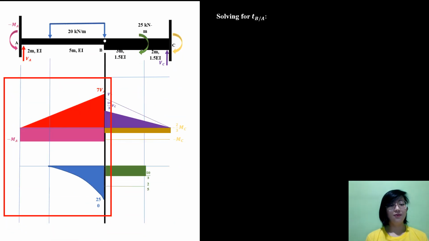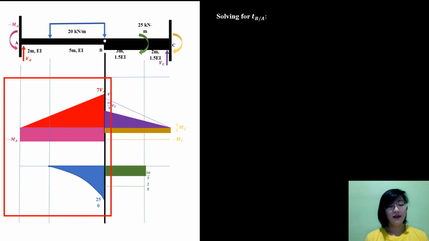So we're done getting the four unknowns, the MA, VA, VC, and MC. So now let's go to letter E, which is TBA, or the tangential deviation of B with respect to the tangent drawn from A. So now, solving for TBA, here's a problem.